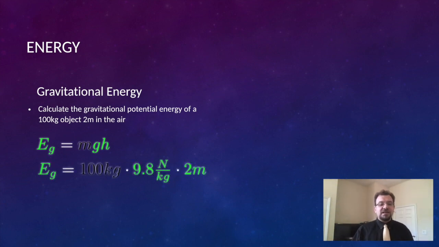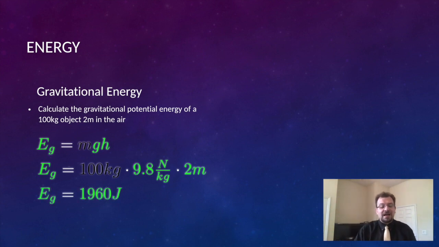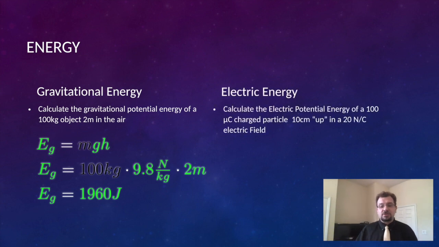So that's going to be 100 kilograms times 9.8 newtons per kilogram times that distance that we've moved up in our gravitational field. So that works out to be 1,960 joules.